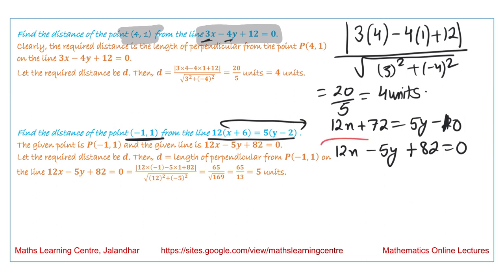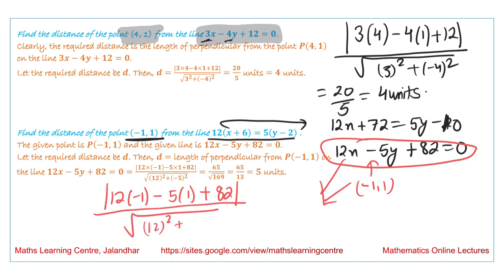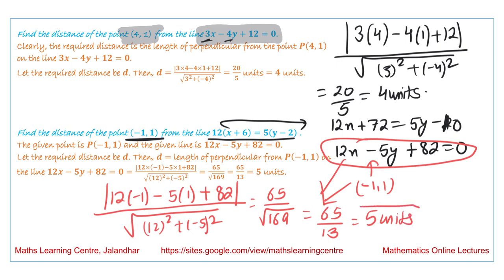Now the distance of this line from the point minus 1, 1 is given by mod of 12 into minus 1 minus 5 into 1 plus 82, divided by square root of 12 square plus minus 5 square. So the answer we get is 65 by square root of 169, that is 65 by 13, that is equal to 5 units. So the distance of this point from this line is 5 units.